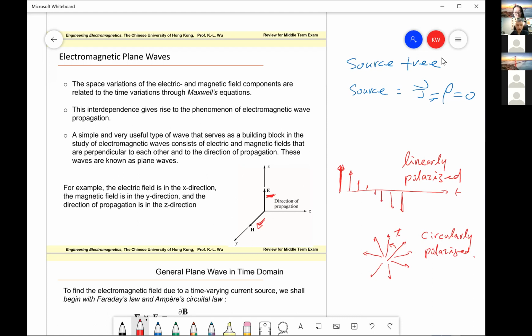It depends on the direction of wave propagation. If E cross H, the thumb points to the direction of propagation. Then if the magnetic field is in the minus y direction, the wave propagates in the minus z direction. So the electric field and magnetic field have this difference: when the wave propagates in the opposite direction, the sign for the magnetic field is different.